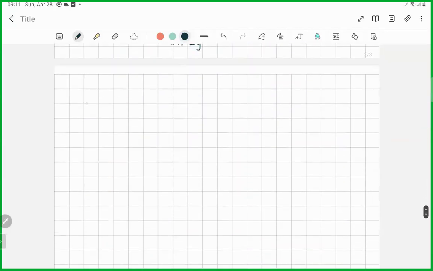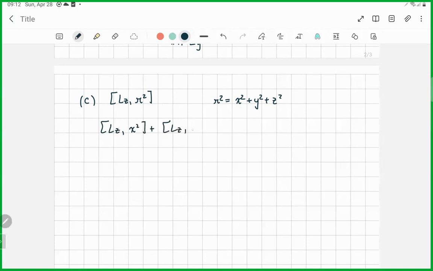Item C. Item C is just using everything that we already did above. And so one of the commutators that we need to show is LZ with R squared. But what is R squared? R squared is x squared plus y squared plus z squared. So what do we have to do here? LZ with x squared plus LZ with y squared plus LZ with z squared.